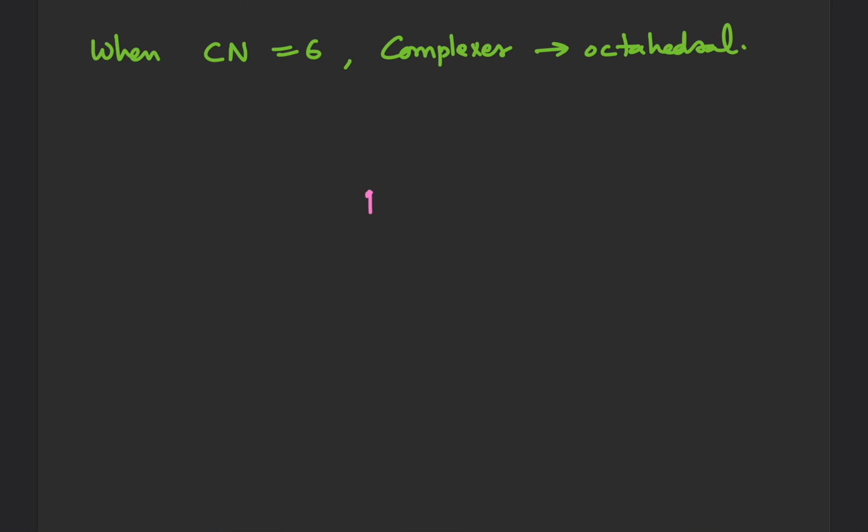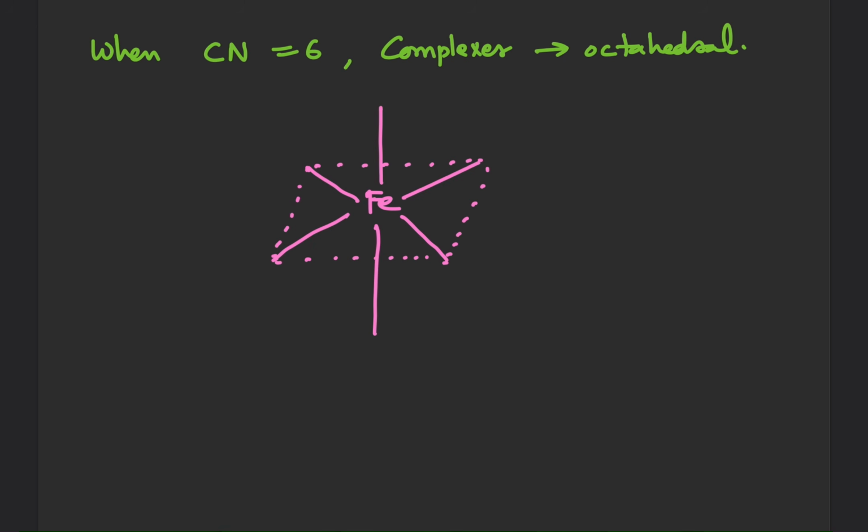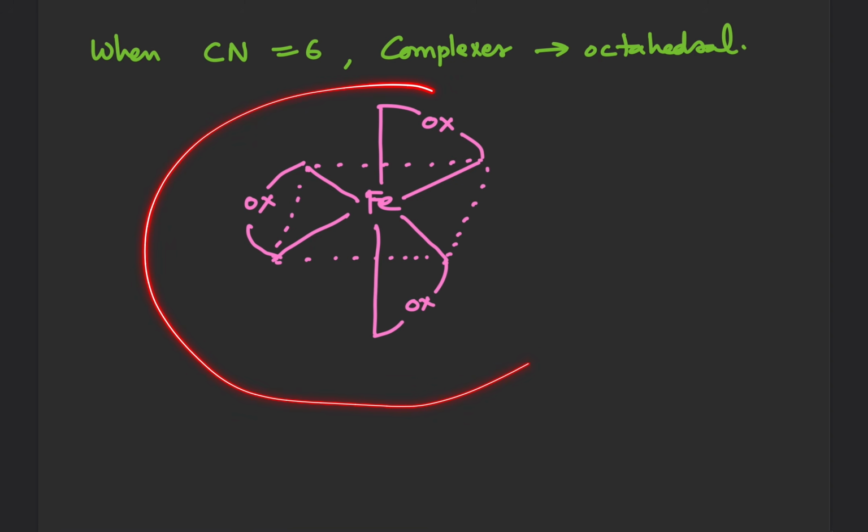If I draw its structure, Fe, okay, this is what it will look like. This is above the plane of the screen, and this is below the plane of the screen.